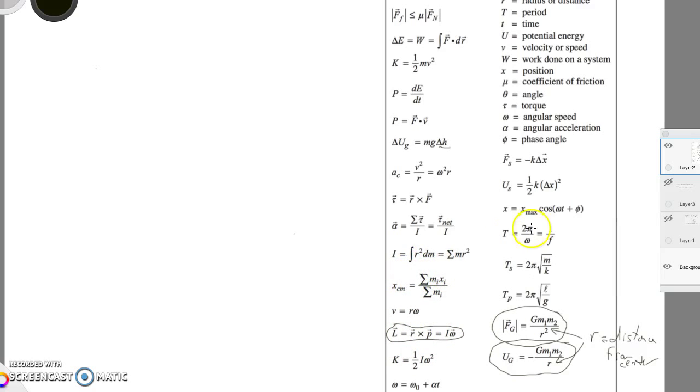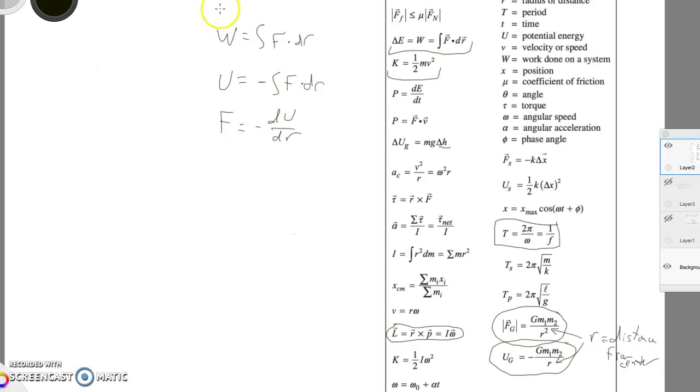And then a couple other things that are going to be relevant is this formula here for period, okay? In addition to kinetic energy, and this equation is going to come back again, okay? That work is equal to the integral of the force with respect to radius, which means that potential energy is equal to the negative integral of force with respect to radius, which means that force is equal to the negative derivative of potential energy.